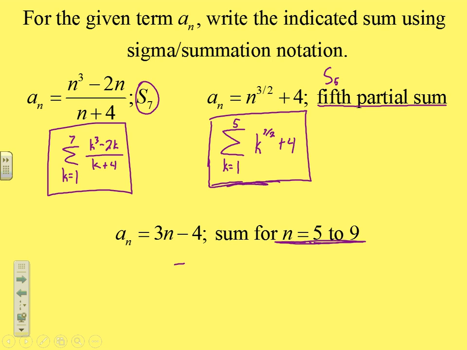So when I put my sigma notation here, at the bottom, my first index number is not going to be 1, it's going to be a 5, because that's where I'm starting to count. I'm starting at the 5th one, and I'm stopping at the 9th one. And so then we would just have 3 and minus 4. Happy sigma notation, and that's pretty much it.